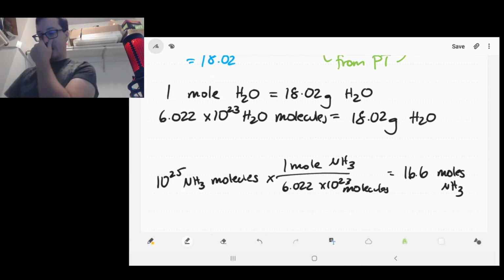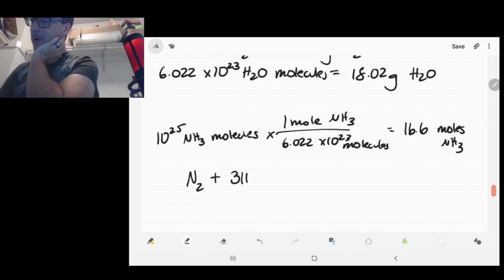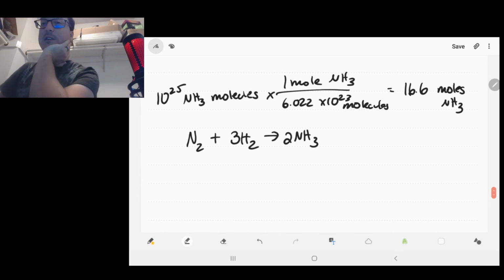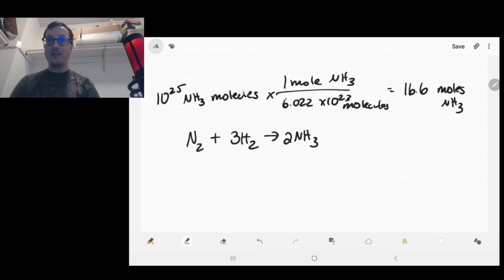Well, we'll see. With this, we can do all sorts of fun stuff. If we wanted, I'm going to rewrite our reaction here. If we wanted 16.6 moles of ammonia, we're going to see that these coefficients in this reaction are conversion factors.